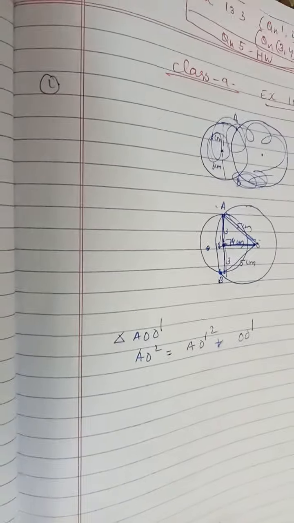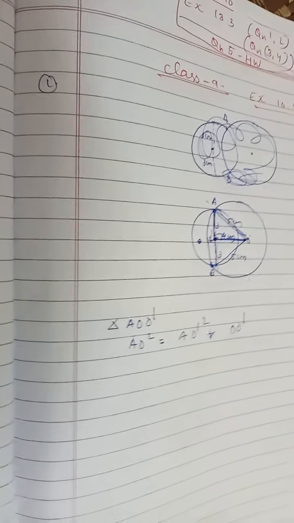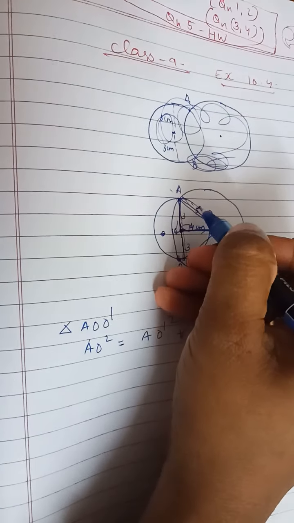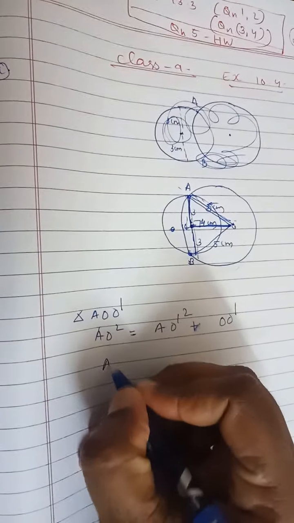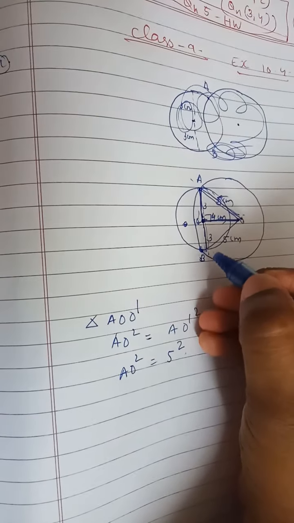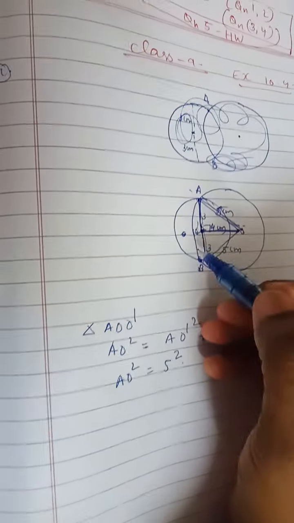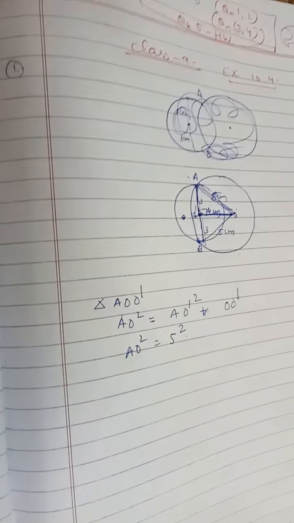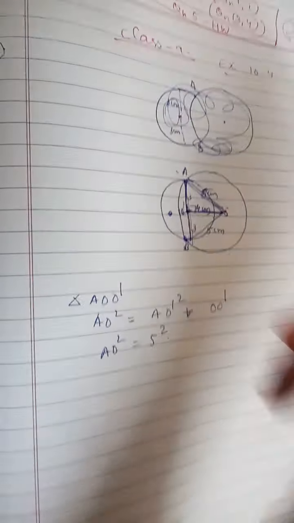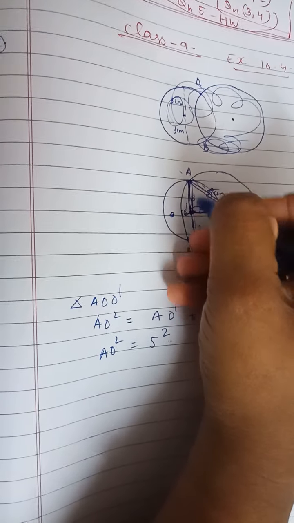So AO square is equal to what we have here. AO is equal to 5, so AO square I wrote as 5 square. Next, AO dash square. AO dash, which is here 3, correct?